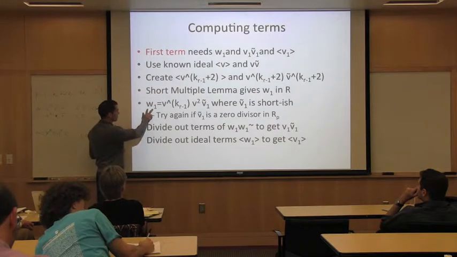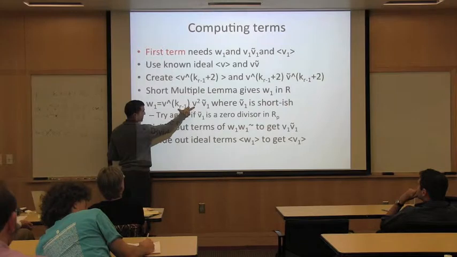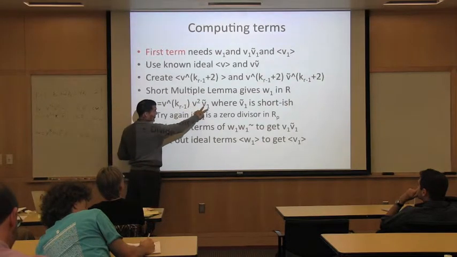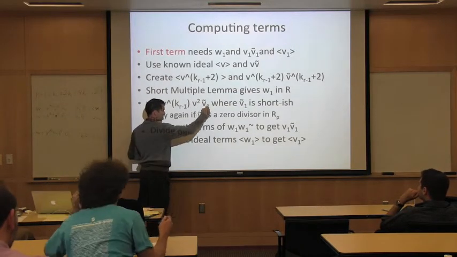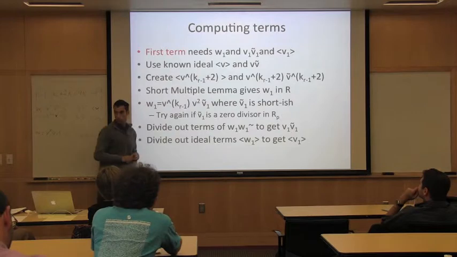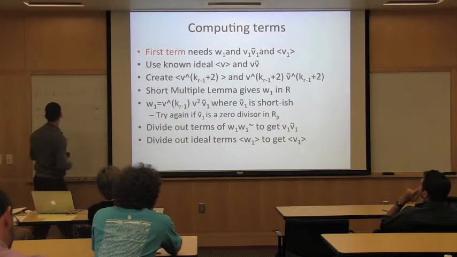And so W1 is v to that power times a short multiple. So that's the application of the short multiple lemma, and that new, let's call it V1 fudge factor, is that short multiple. Okay? So that's how you compute W1.